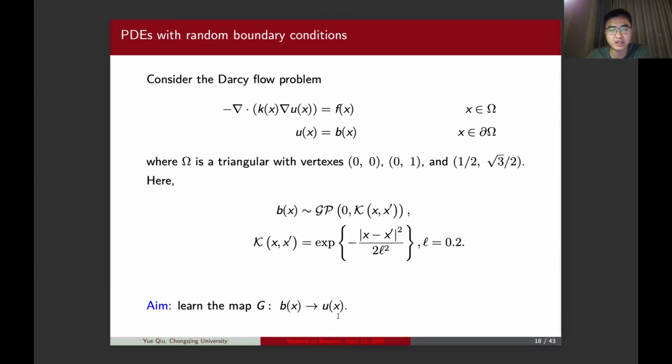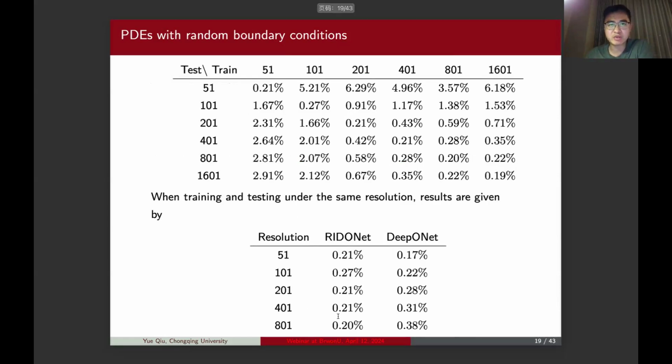For this case the standard FNO fails, but in 2022 the paper from George also introduced a way to adapt FNO a little bit to make it suitable for such cases. However, we did not have the time to compute those solutions and compare with that, so we just compare with DeepONet.